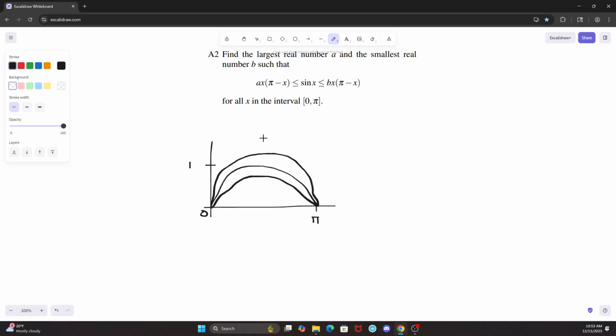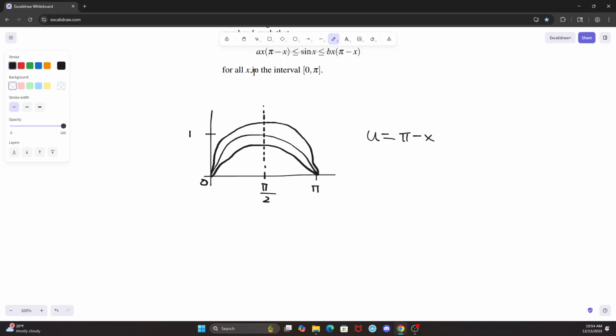But from this drawing, we can guess, if it wasn't clear before, that this graph looks symmetric across pi over 2, and it indeed is, because sine of x is symmetric across pi over 2, and both quadratics, when written in this form, are symmetric because by plugging in u equal to pi minus x, we will get the same values by plugging in x and u, defined this way, for all x in the interval.